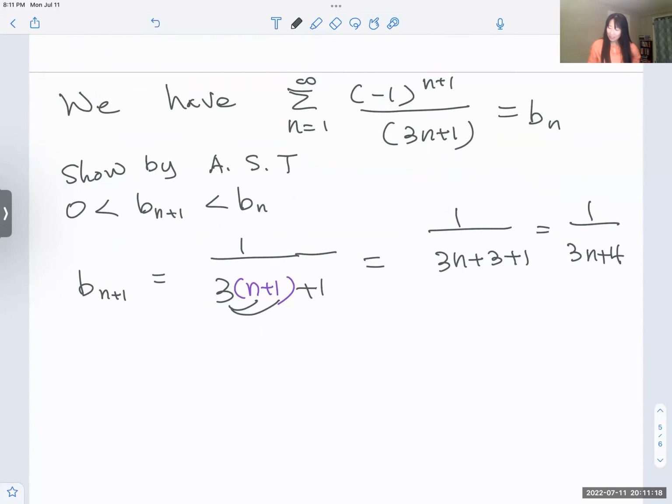So this is smaller than b sub n, right? That's true.